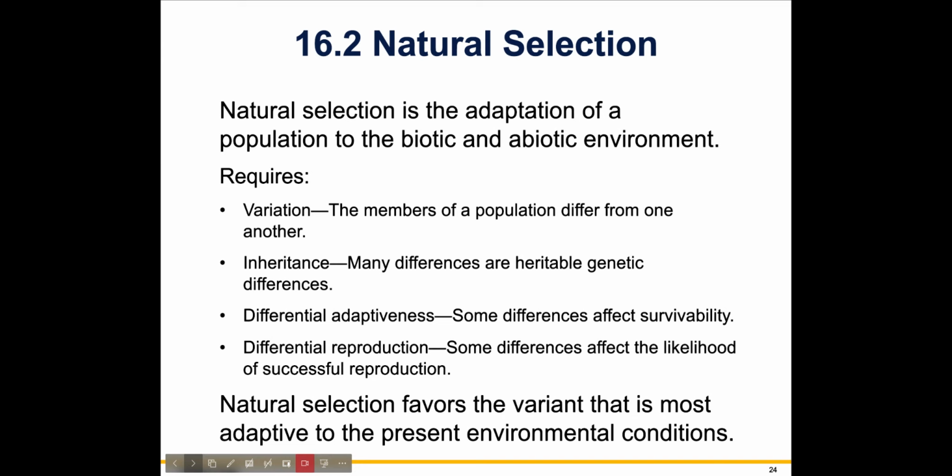Natural selection is going to favor the genetic code, the variant that is most adaptive to the present environmental conditions. But we know those environmental conditions can change, and then a new trait might be better. And then natural selection will work to choose that trait.